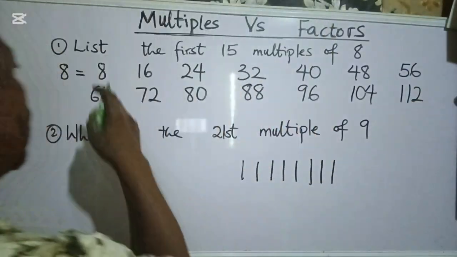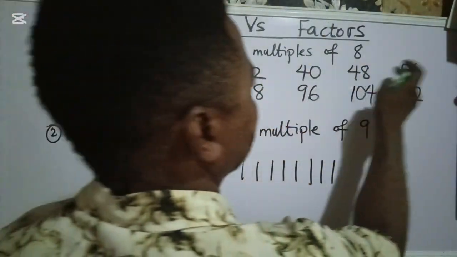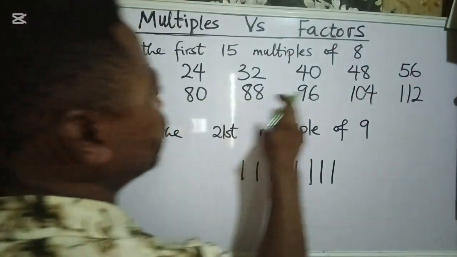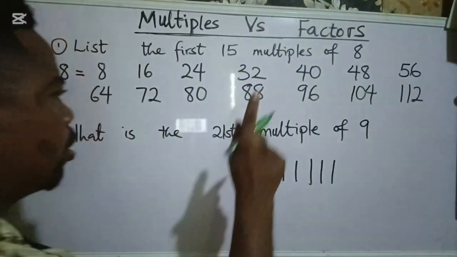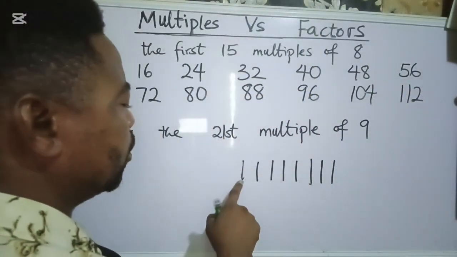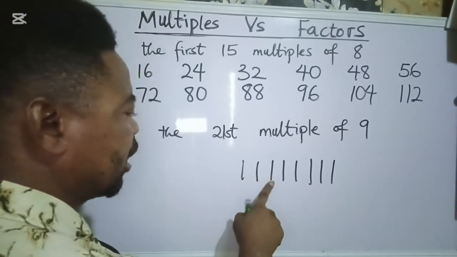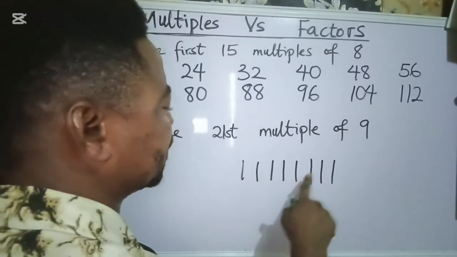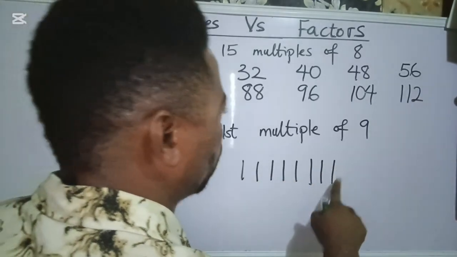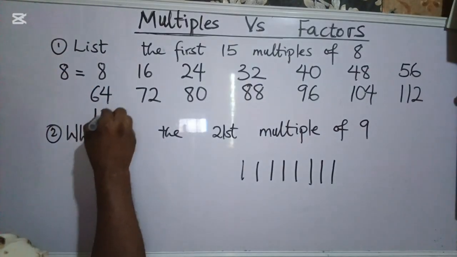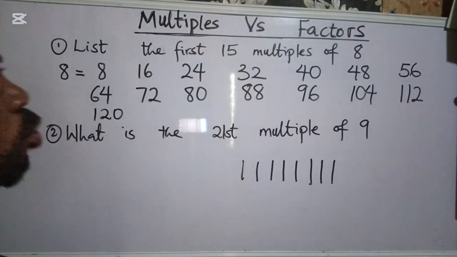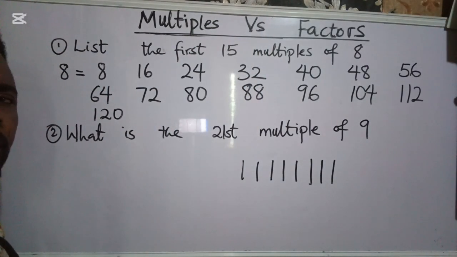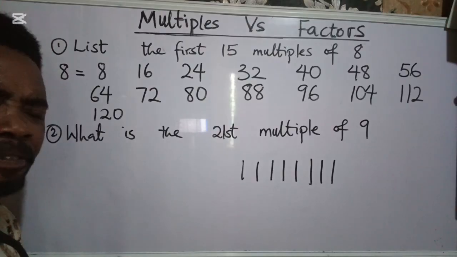How many have I done? 1 2 3 4 5 6 7 8 9 10 11 12 13 14. I have one more: 113 114 115 116 117 118 119 120. And this is how to list it. I have done it. That is fine and it is perfect.